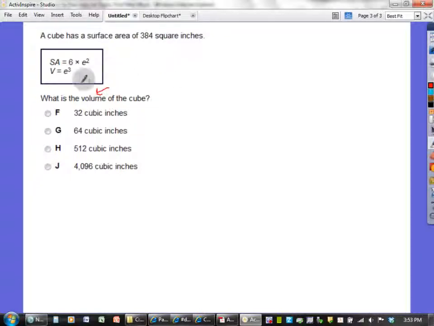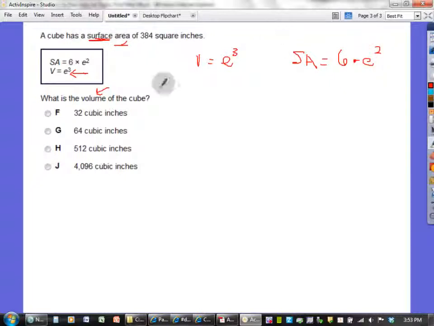And right here, the volume formula tells us that if it's a cube, that volume is just simply edge to the third power. Well, the problem is we don't know what the edge is because it tells us what surface area is. So I can use this surface area formula to actually find the volume. Surface area equals 6 times E squared.